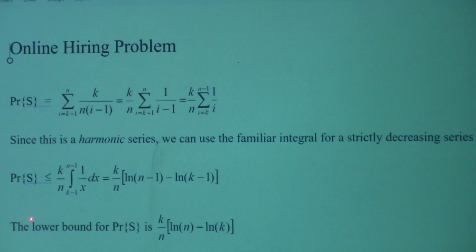The lower bound, what's the lower bound going to be? It's going to be k over n times the integral from what to what? What's the lower limit going to be? That's the upper limit integral, right? The sequence is decreasing, so we can't start at k, because if it's decreasing, it's going to get smaller right away.